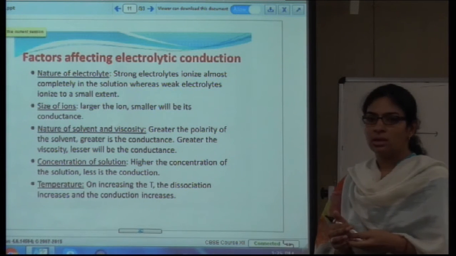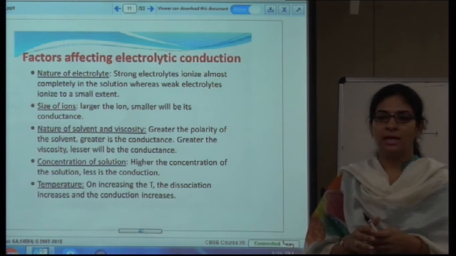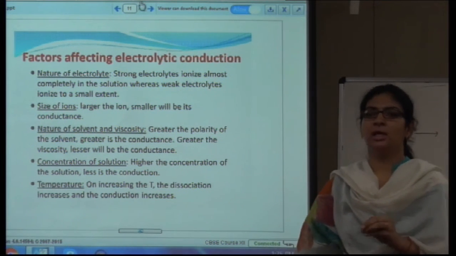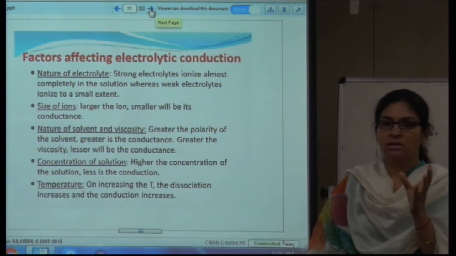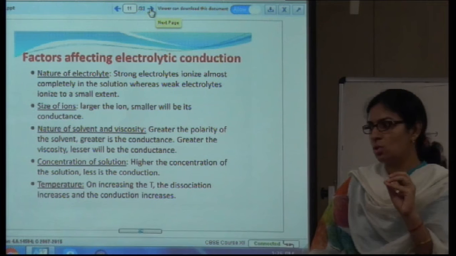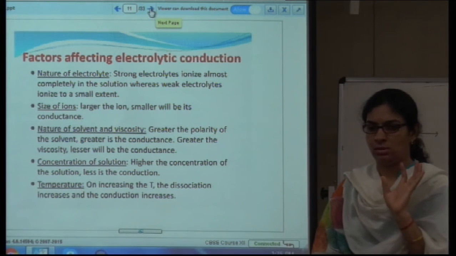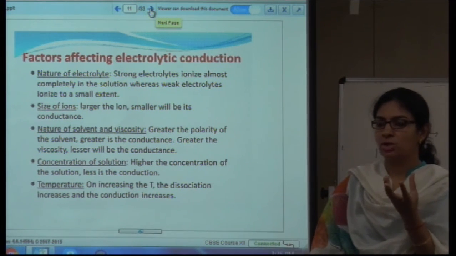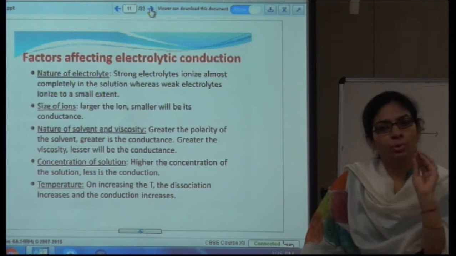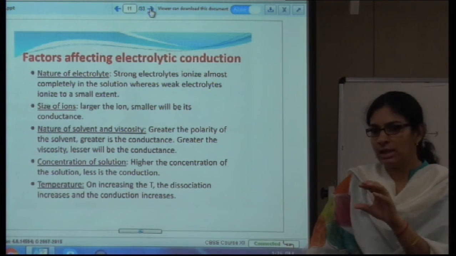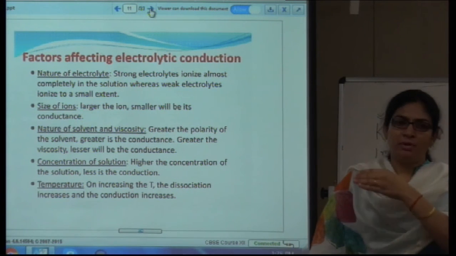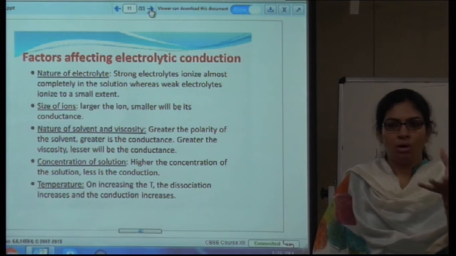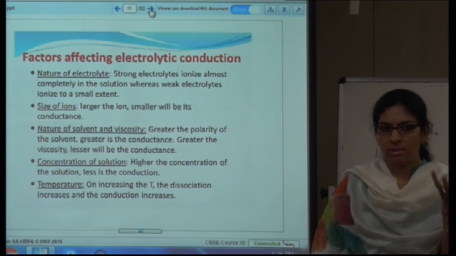Once we know that solutions conduct electricity, we must know the factors which affect the conductance of solutions, right? You put an electrolyte into a certain quantity of solution, and you have different substances. Do all of them conduct electricity to the same extent?